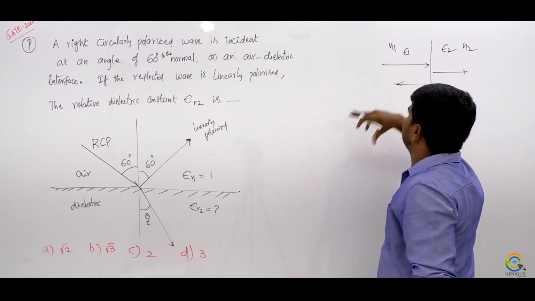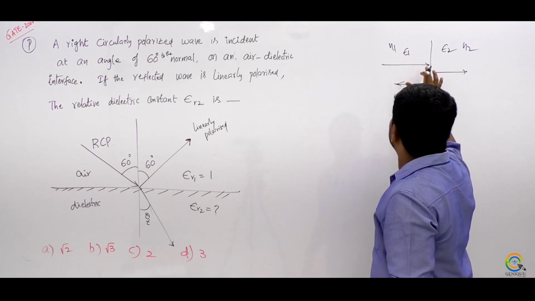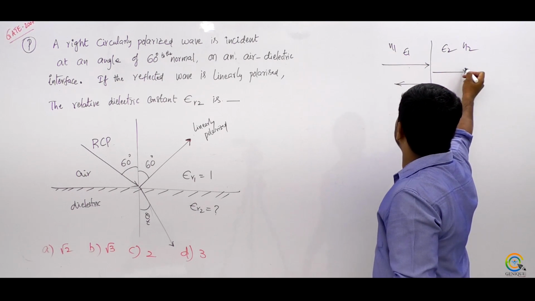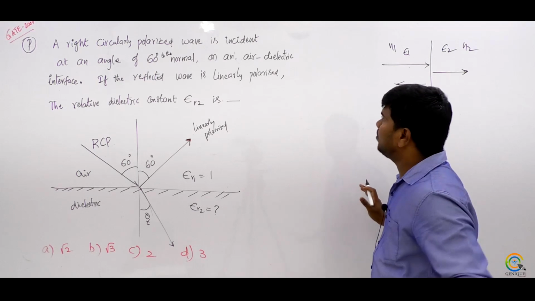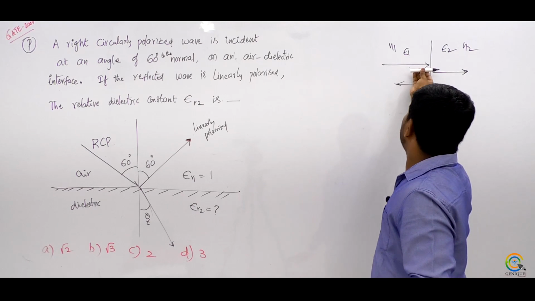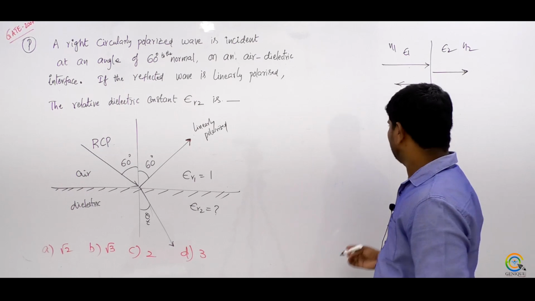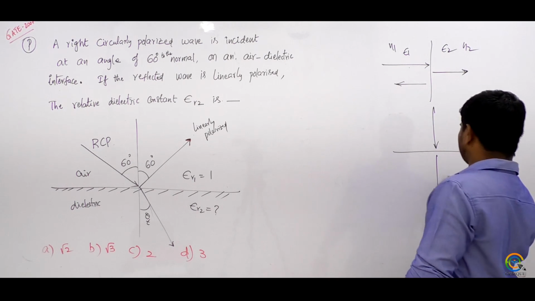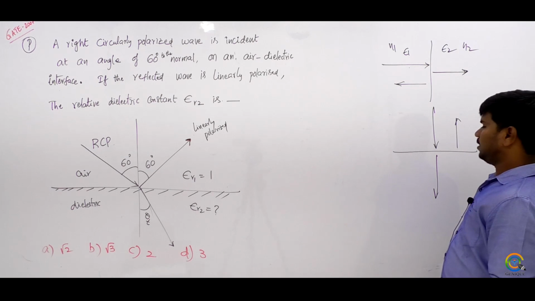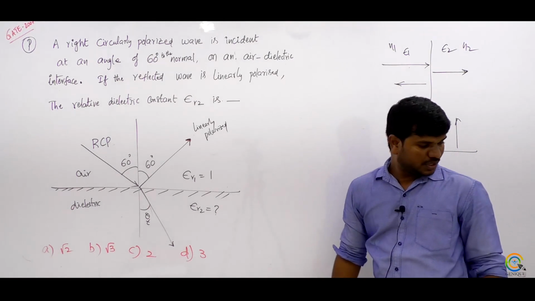Any one of these will be given, or the reflection coefficient will be given. So if it is incident and transmitted and reflected, in normal incidence there is no problem. If the EM wave is going normal to the interface, then there is no problem. You can happily write.